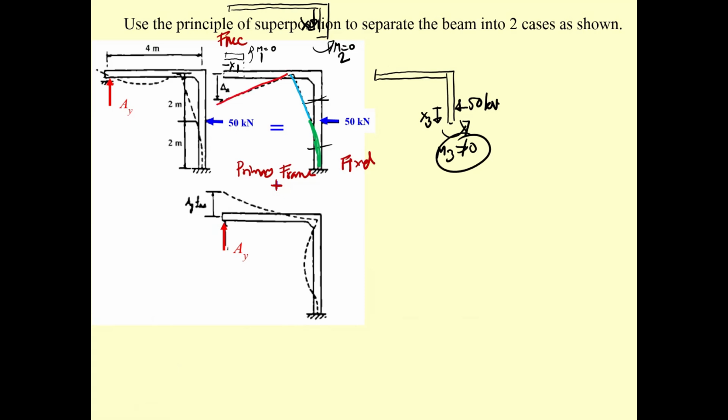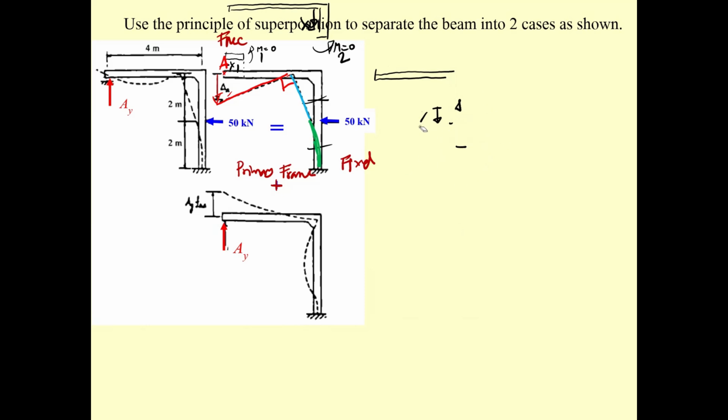Now this is going to be a right angle. And after you learn this one, you are interested in point A, so this is going to be your delta sub A. And the elastic curve is important because you use this for the compatibility condition.